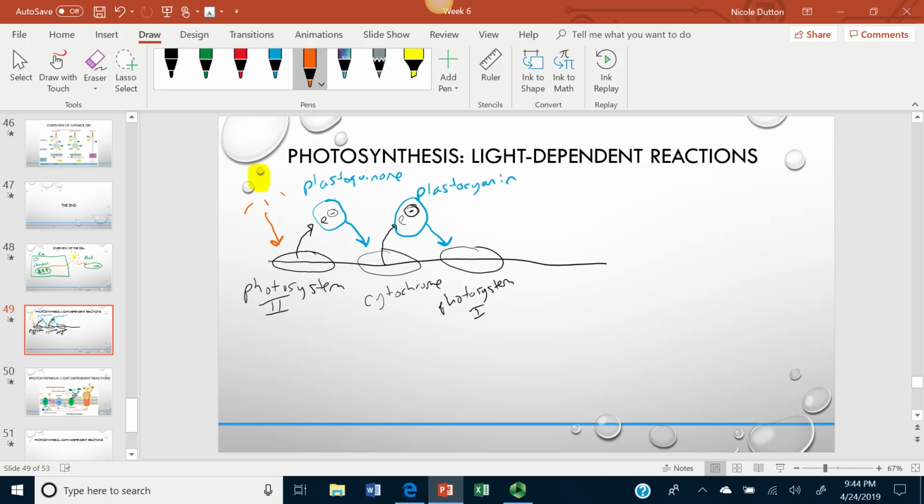From here, we actually need another ray of sunlight to activate this thing. So we have another photon of light that hits this photosystem 1, and the electron can be excited again. But this time, when the electron is excited, it's carried away by ferredoxin, to ferredoxin reductase.